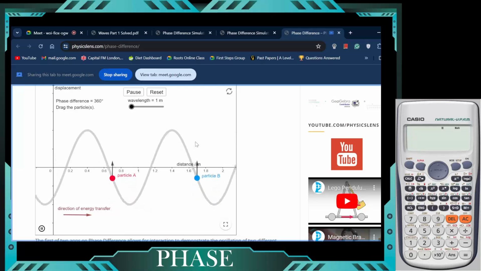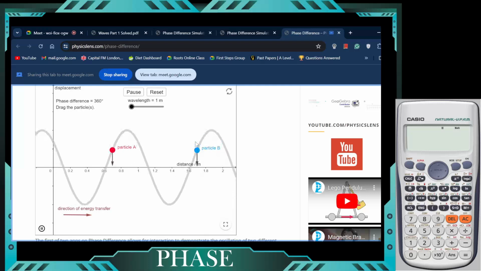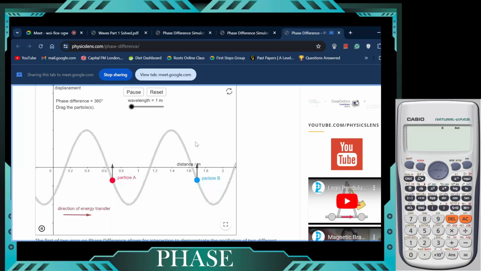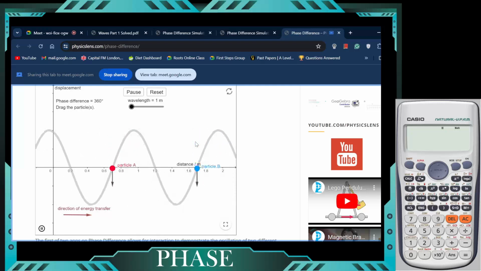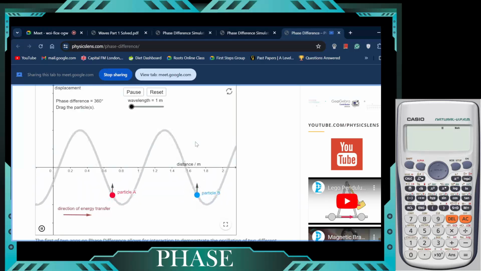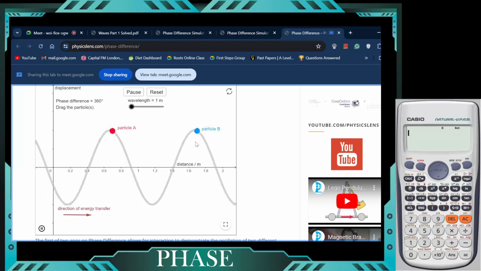Now these 2 points are in phase. The phase difference is 0. The 2 points are in phase because these two particles are like twins. They're doing everything together, going downwards together, being at the same place, being at the same displacement, going to zero at the same time.